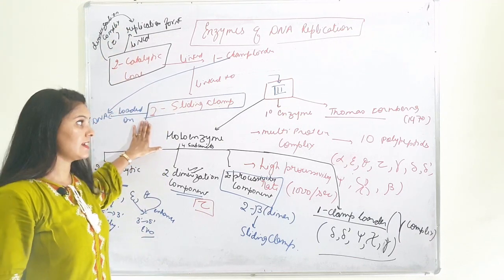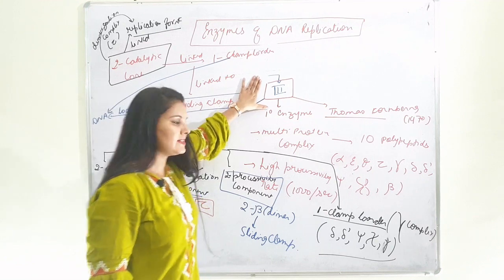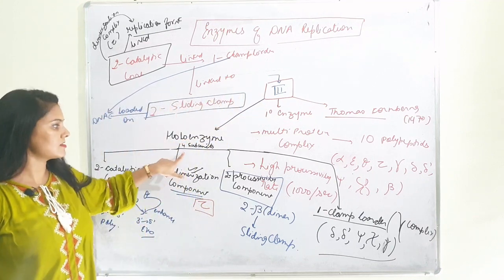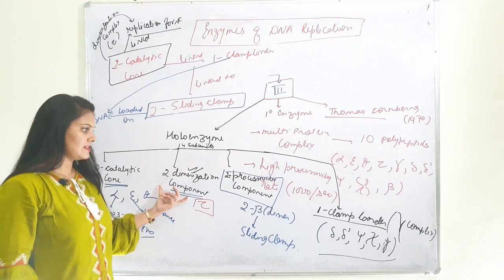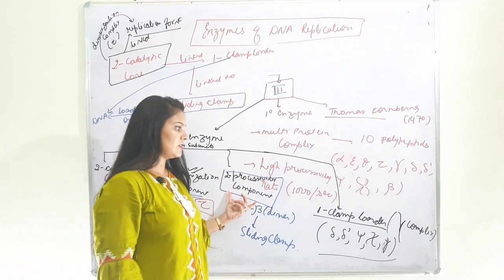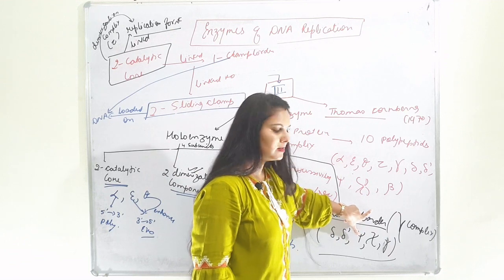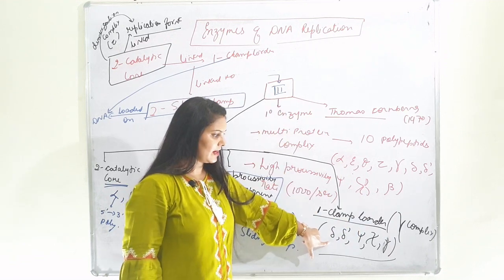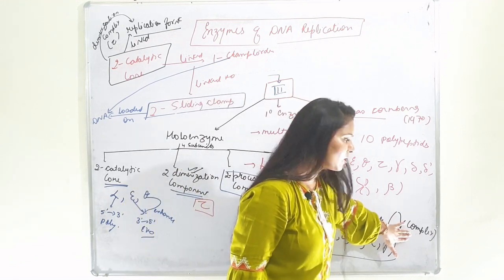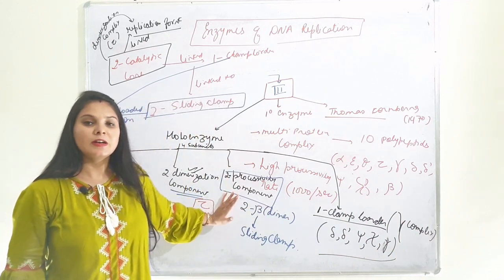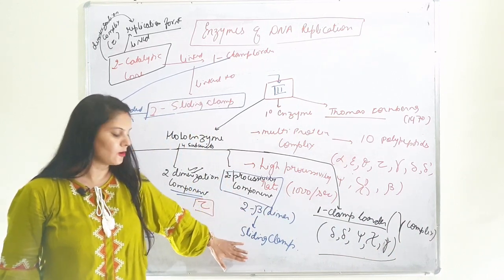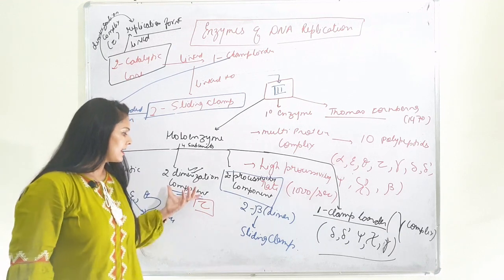Let's revise it once again. DNA polymerase present as holoenzyme consists of 4 components: 2 catalytic cores, 2 dimerization complexes, 2 processivity complexes, and 1 clamp loader. It is made up of 5 polypeptides and also called the gamma complex. Processivity component is a dimer of beta polypeptide and also called the sliding clamp.